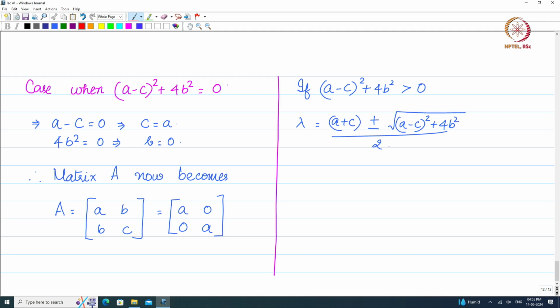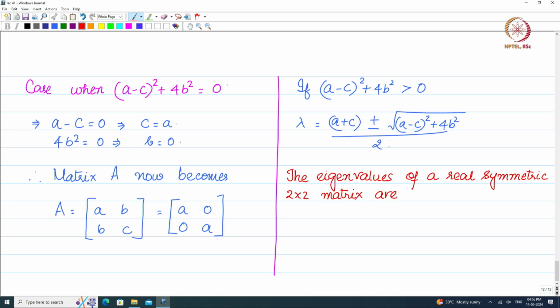We figured out that the eigenvalues of a real symmetric 2 by 2 matrix are real. The eigenvalues are also real values, right.